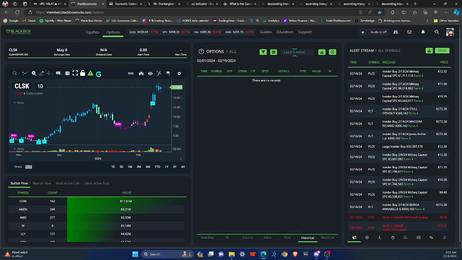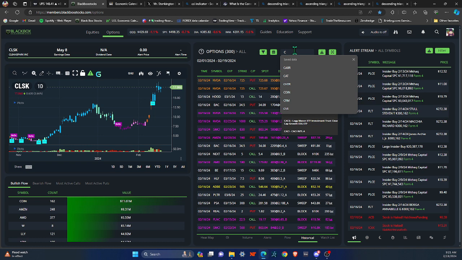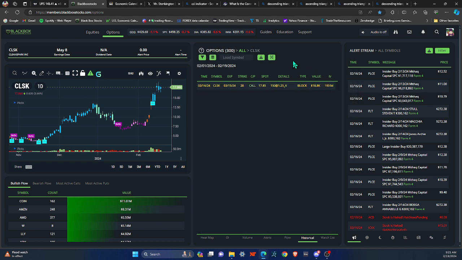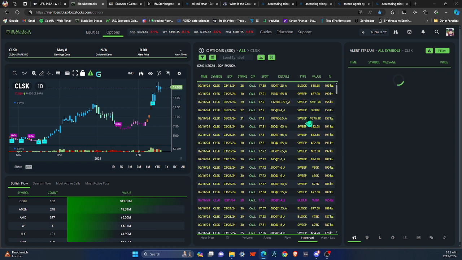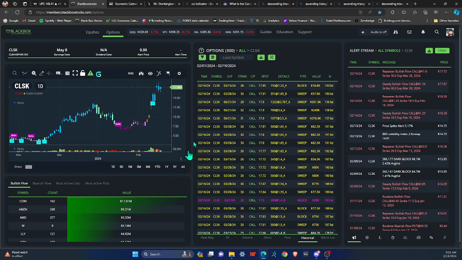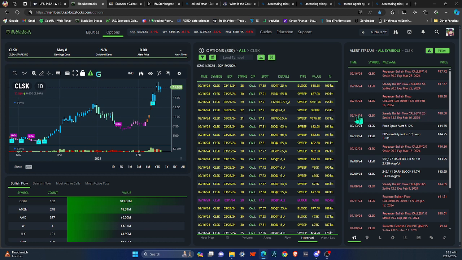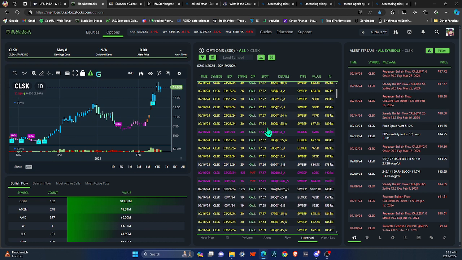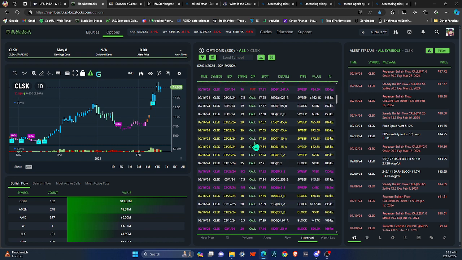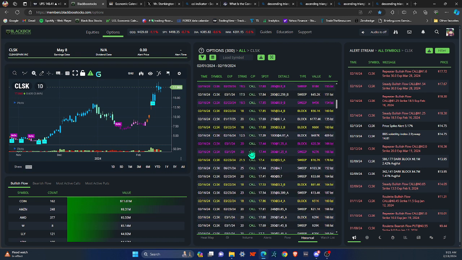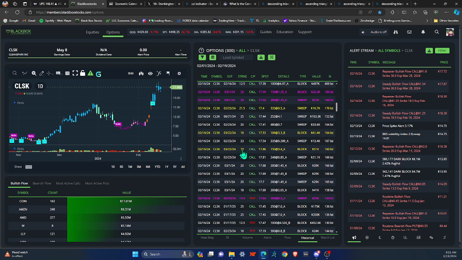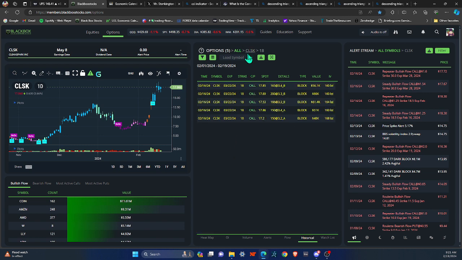Oh no, we still want CLSK. Then we can jump into the chart, but this is definitely some good flow. Yeah, for sure, AJ. And then June 29s. What else alerted? The 30s, March 20s. These 18s. Just all blocks.